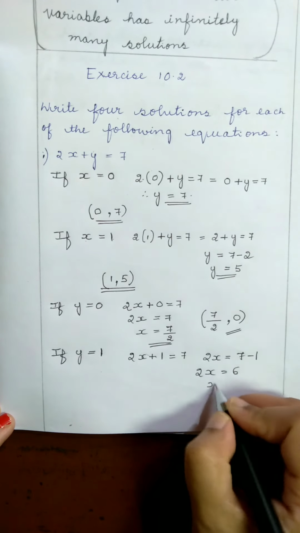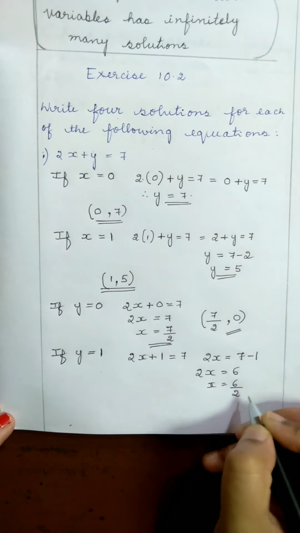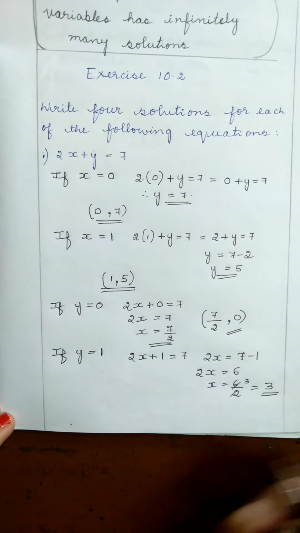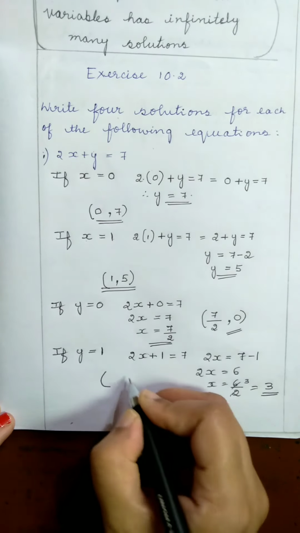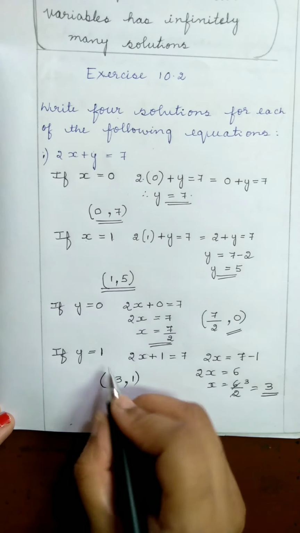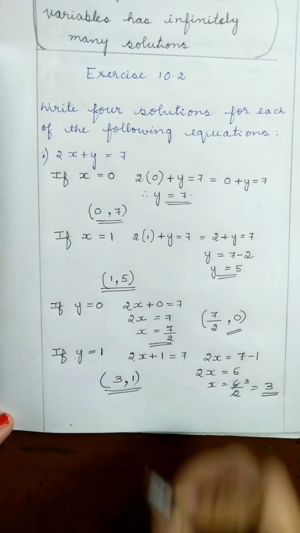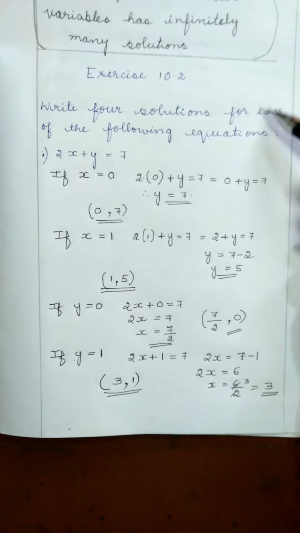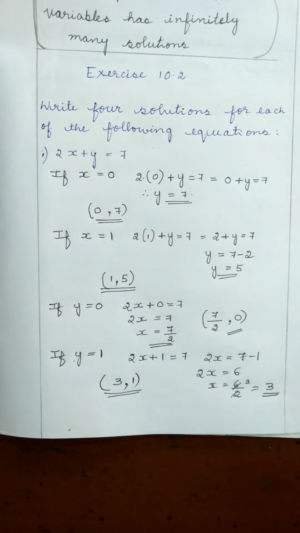Then x is equal to 6 by 2. 2 threes are 6. Therefore, the value of x will be equal to 3. Therefore, x is 3 and y is 1 is the solution. Now, what is asked in the question? Write 4 solutions for each of the following equations. Therefore, we can have many solutions to this equation.